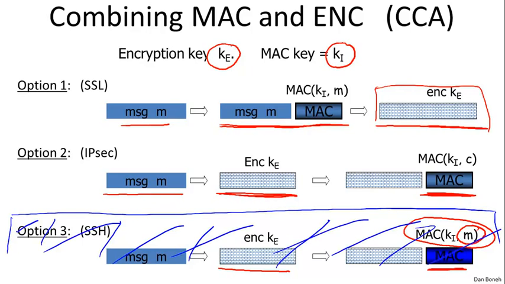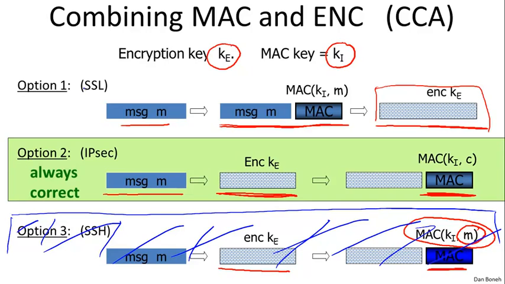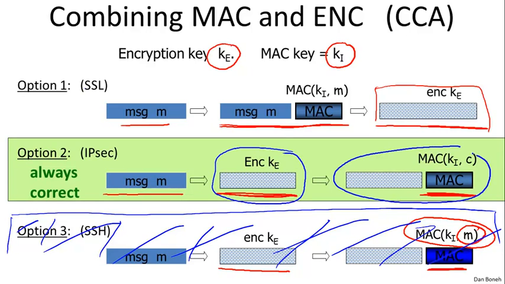Now it turns out that between the SSL method and the IPsec method, the IPsec method is the preferable one. The reason is that intuitively, we encrypt the message, so this block reveals no information about the message, and then the MAC basically locks the ciphertext and ensures that no tampering has happened to the ciphertext.